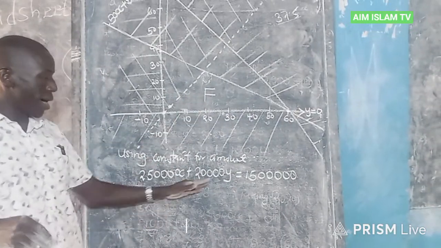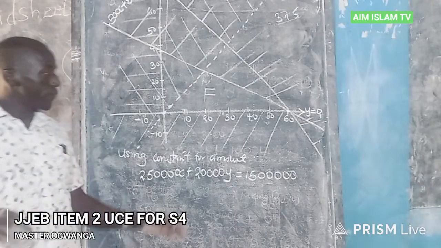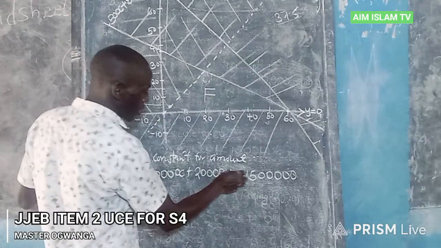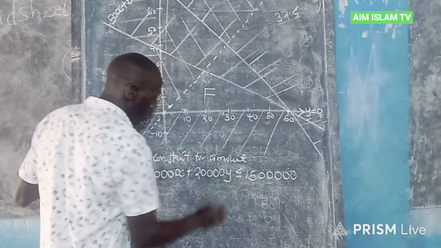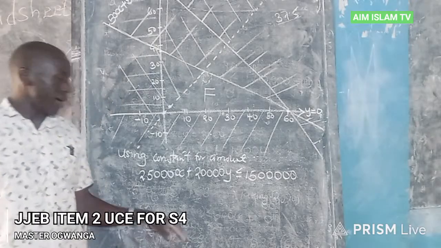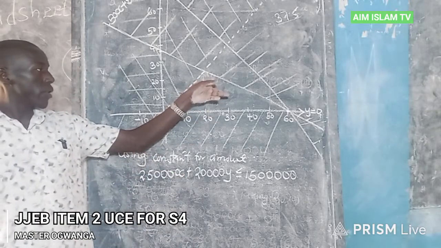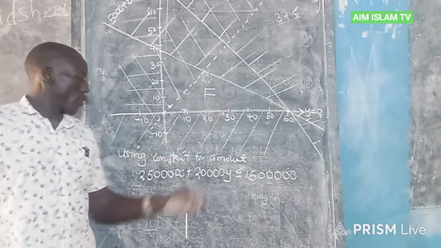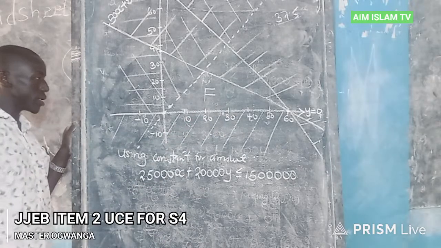So we come back to our constraint now. In our constraint, we have our equation here, and it was represented by less than or equals to. That's the basis of the inequality. In our less than or equals to, I am going to look at the points that are in the feasible region.